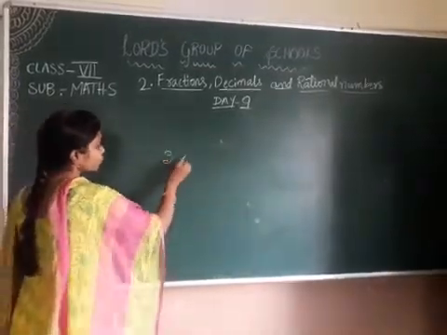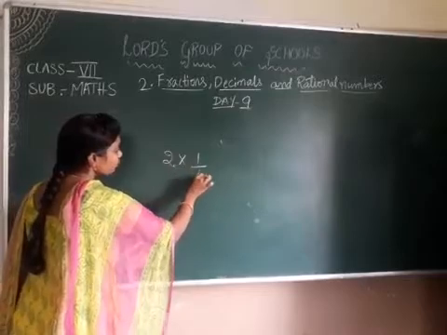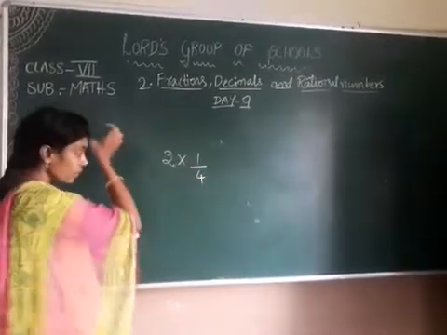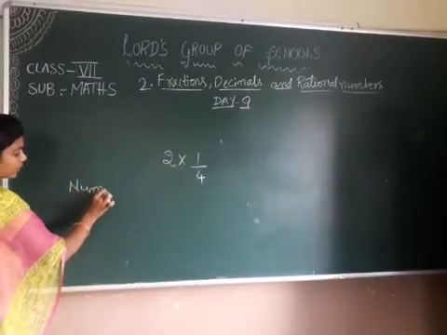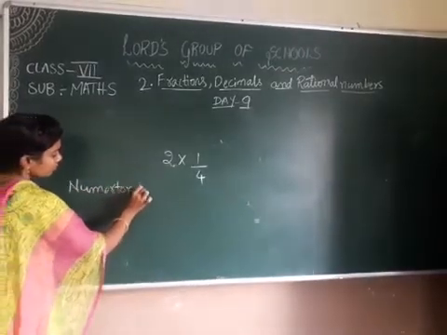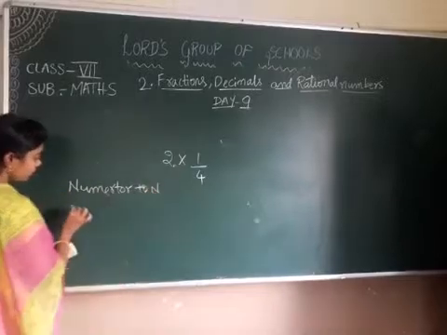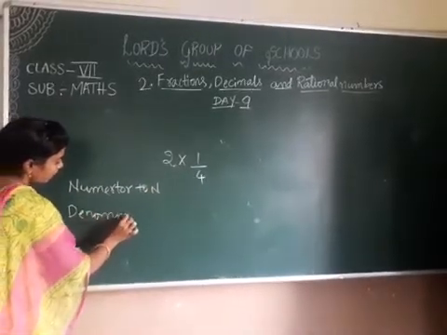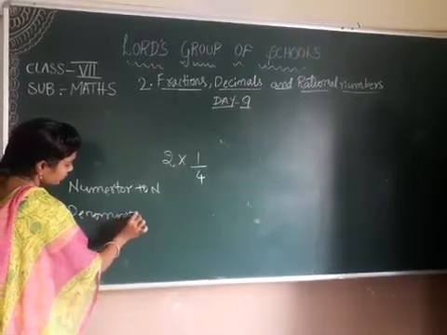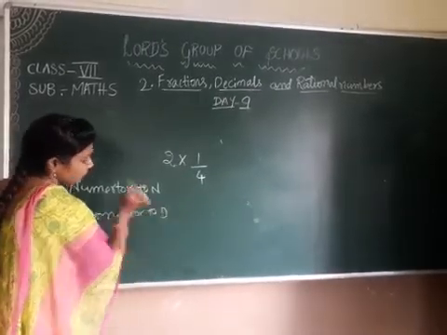If I take 2 into 1 by 4, here what we should do, very important, is multiply numerator to numerator and denominator to denominator and write the answer.